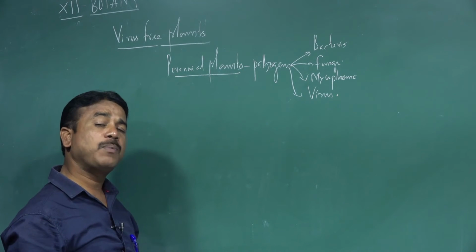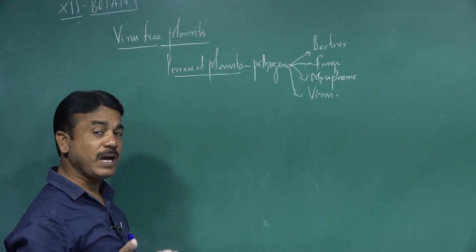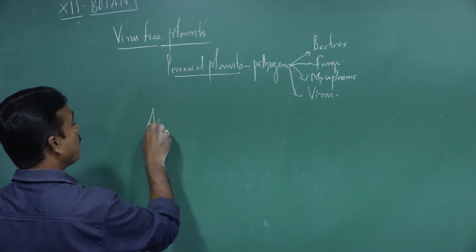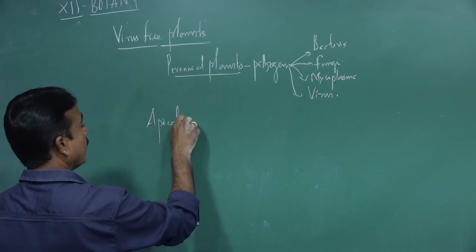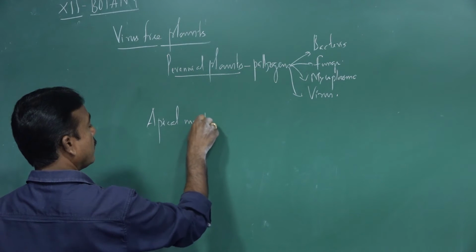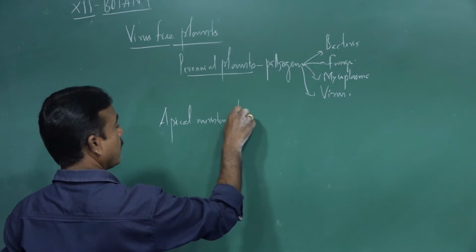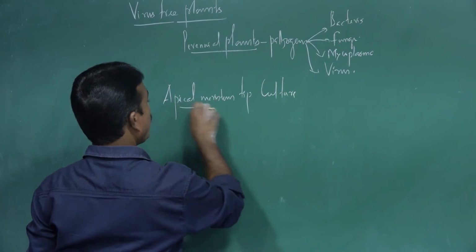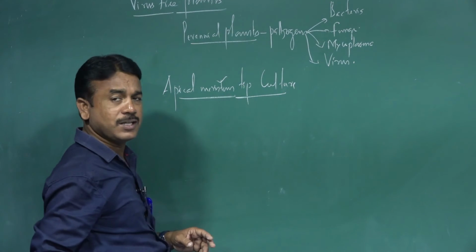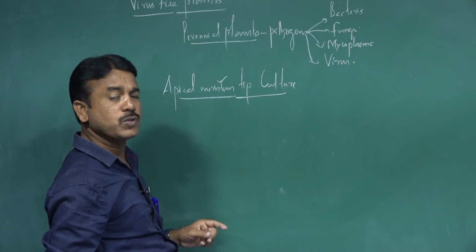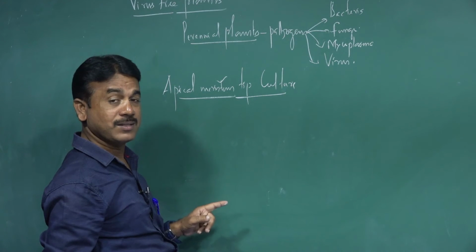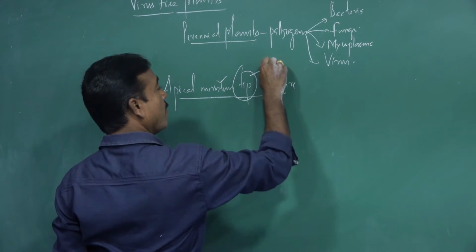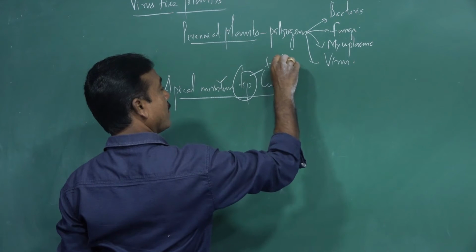How do you obtain virus-free plants? That is the only way: apical meristem tip culture. Apical meristem tip culture produces virus-free plants because the tip of the meristem is generally free from virus.